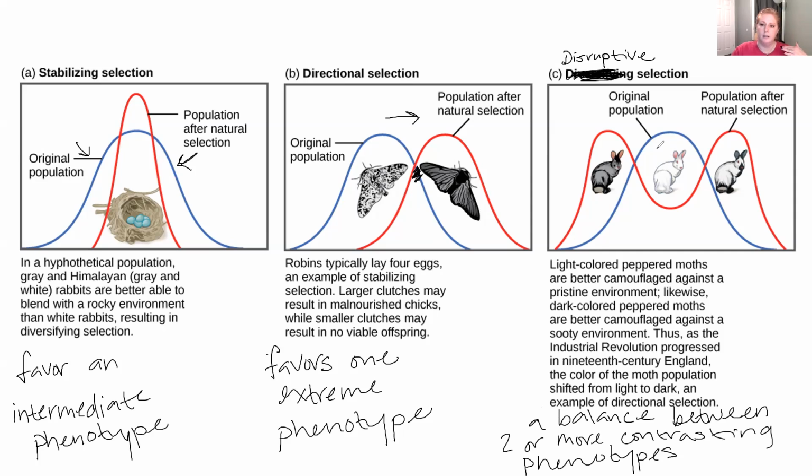So again, the original was kind of just down the middle, but after disruptive selection, you have both extremes being more common than that original middle phenotype.